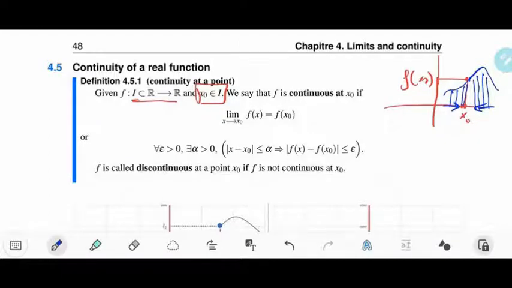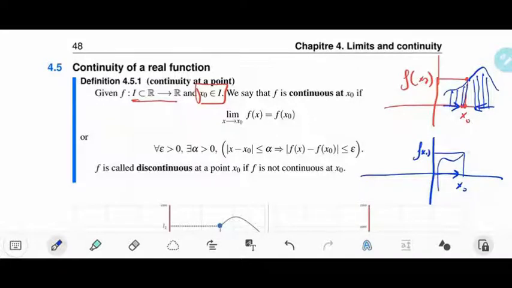But f is not continuous if this is not true. What does it mean? It means that if you have a function, for example, that takes a value f of x0 at x0, then if you approach x0 from the left side, the function will approach f of x0 without any problem. But if you approach x0 from the right side, the function will not approach f of x0.